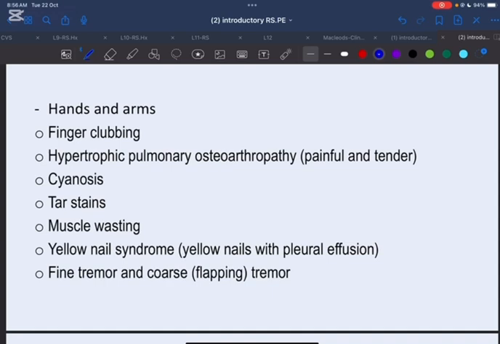The third stage is called Japanese drum, where the fingertip is very enlarged, like the stick of a Japanese drum. Not just loss of the angle, but the angle becomes obtuse instead of acute. So that's the difference.